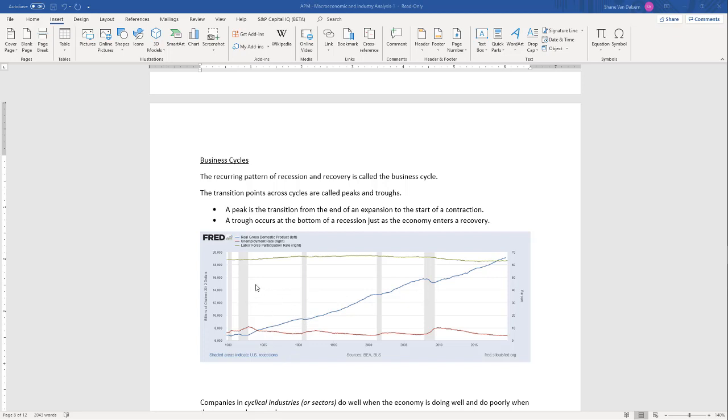The recessionary periods are the shaded periods here, so we had one in the early 1980s and then one a few years later. One in the early 1990s, one in the early 2000s, and then a big one right here, that was the financial crisis, and I expect we'll soon see one out here on the right-hand side for our current situation.